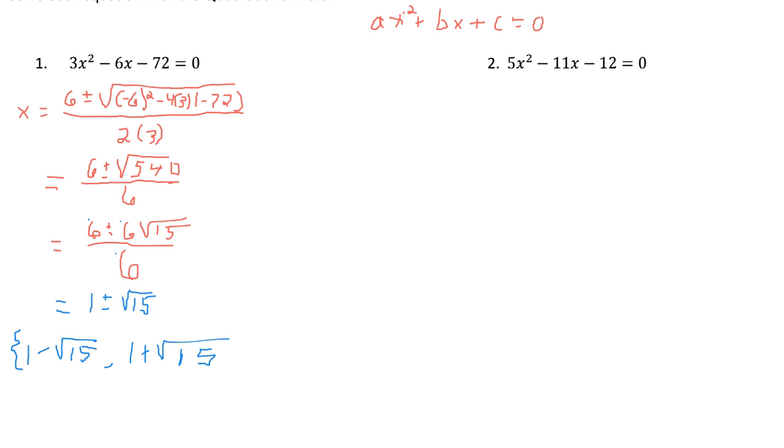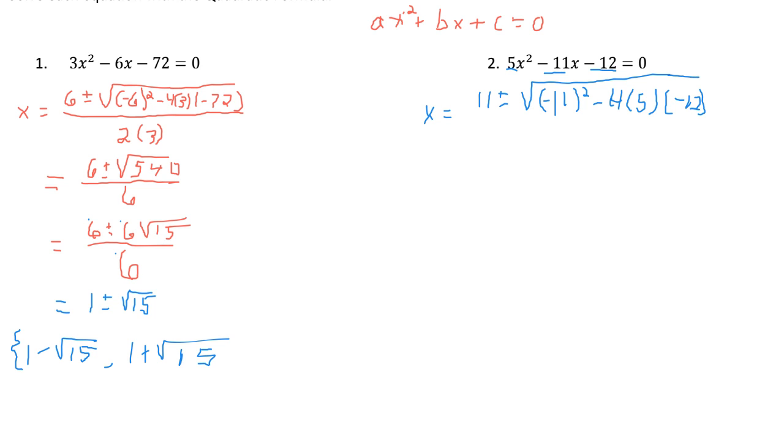There's A. B is -11, C is -12. So our X is going to equal the opposite of B, which is 11, plus or minus the square root of -11 squared minus 4 times A, which is 5, times C, which is -12.